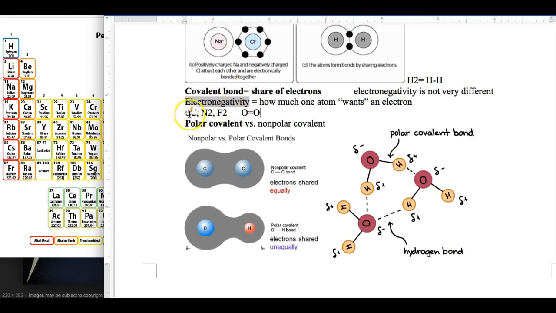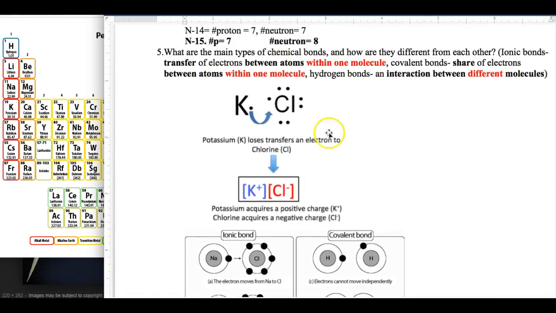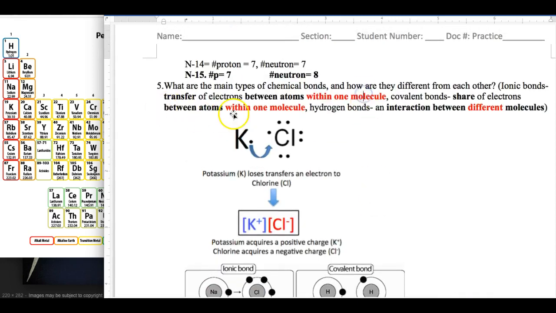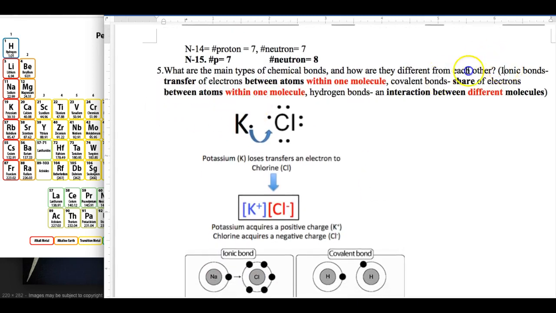All right, now that you know polar covalent and nonpolar covalent bonds, we can talk about ionic bonds right here. An ionic bond is a transfer of electrons between atoms within one molecule. So we're still talking about one molecule. If right here, for example, it's KCl, it's one KCl, not two or three KCl, what's happening is between one K and one Cl.